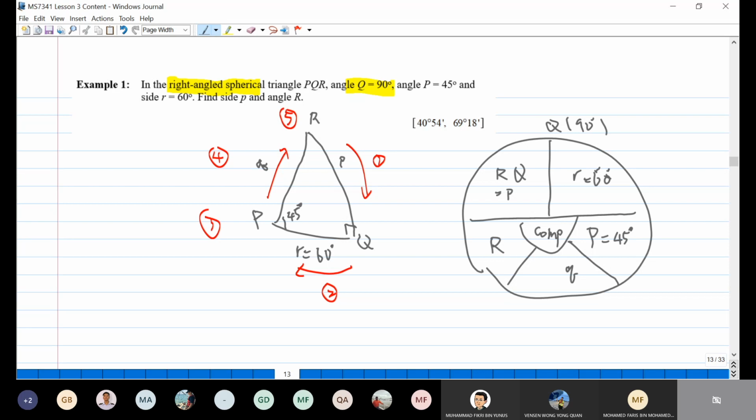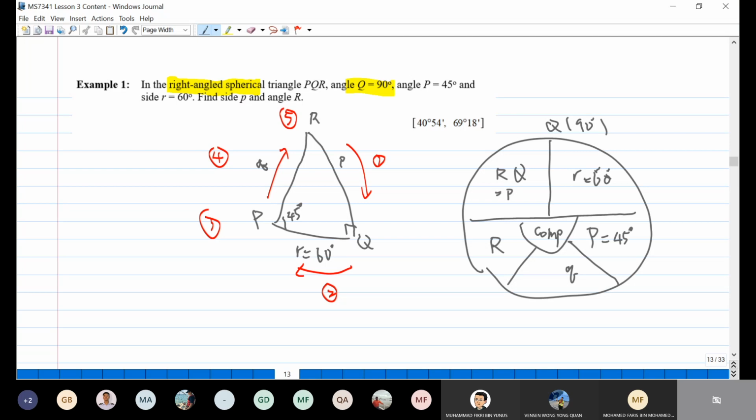Okay, so this is a typical view, right? Depending on how you trace it, I draw the RPQ in this way. So first you construct a Napier's view. Now I'm going to find out what I know and which are the things you don't know.